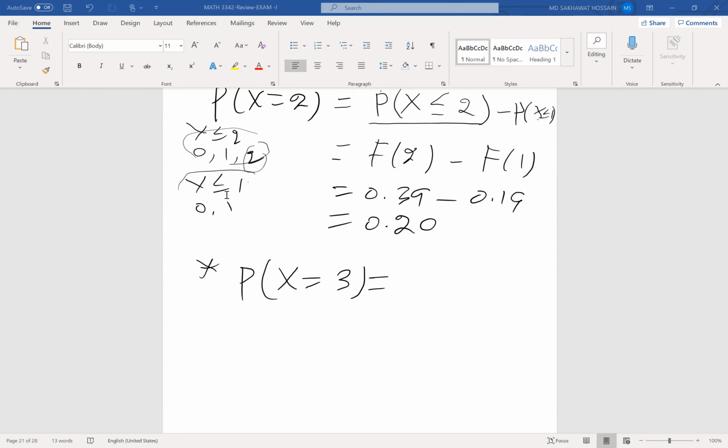You can do this similarly. This is the probability of x less than or equal to 3 minus the probability of x less than or equal to 2, right?